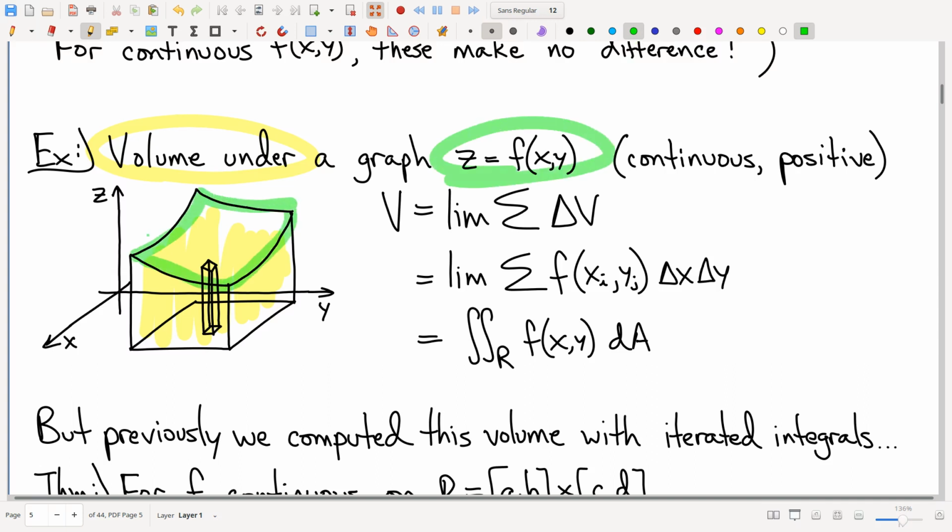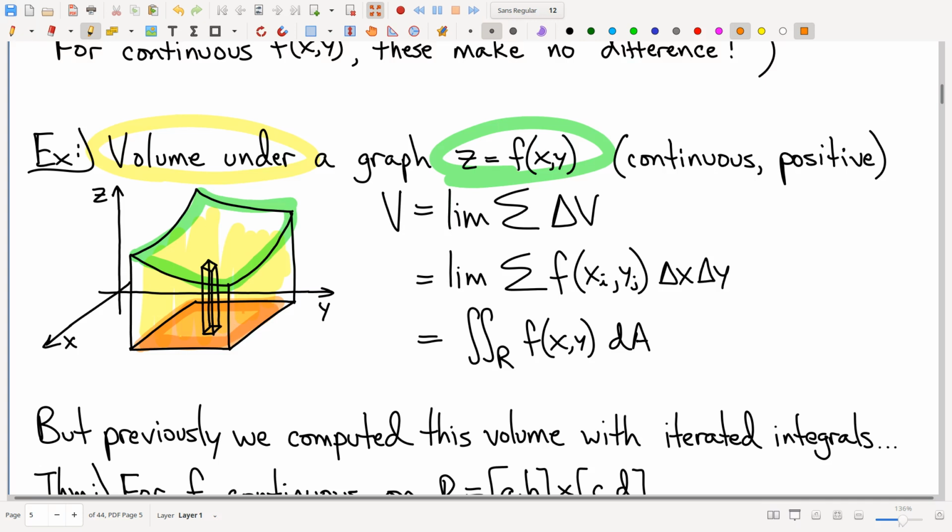We've already computed the answer to this. It's not clear why we're going through the second time, but you'll see why in a couple of minutes. So how do we compute the volume under this graph? Specifically, the volume sitting over a certain rectangle. Like that. How are we going to compute that volume?